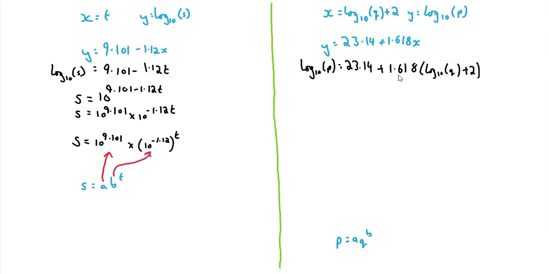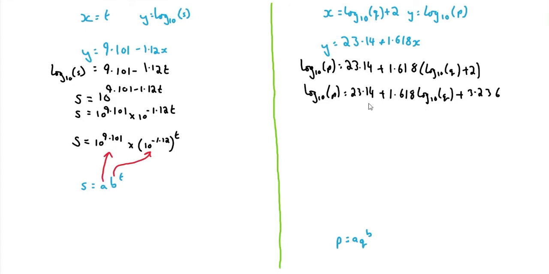From here, we may wish to expand this bracket. So again, the rest of everything that's on the left is going to remain the exact same. However, we're then going to have on the right, so plus 1.618, and then just the logarithm. But now afterwards, that'll be plus 3.236.